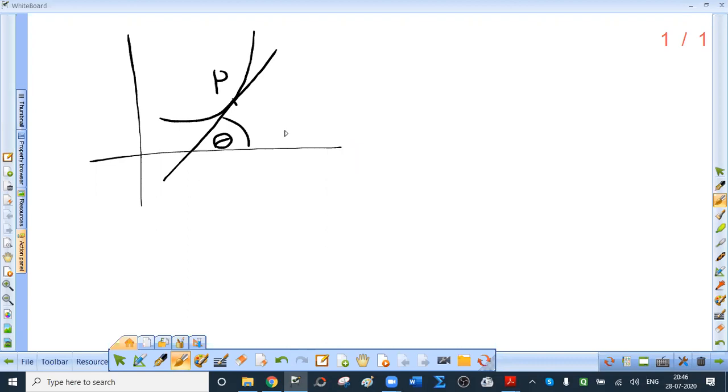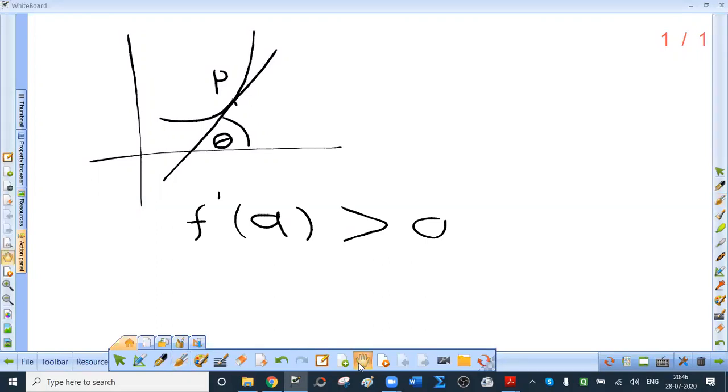But tell me, what is the slope of tangent? f dash of a represents the slope of tangent to the curve at a point x equal to a on the curve, and therefore the conclusion is if the function is increasing at x equal to a, then f dash of a has to be greater than 0. We will be using this criterion. Okay, so this is about an increasing function.